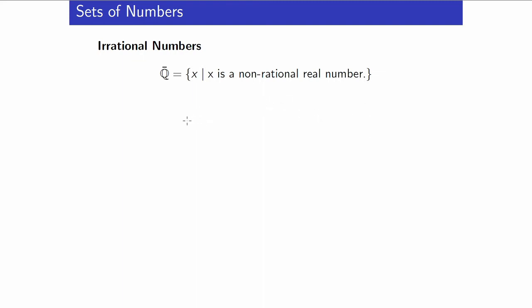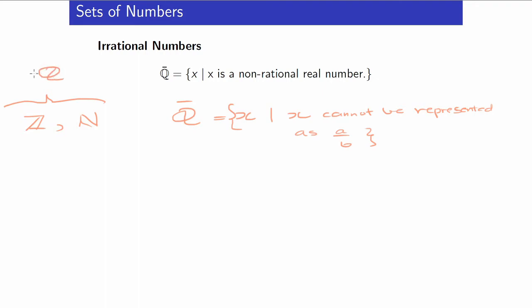Which means x such that x cannot be represented as A over B. We've seen that all numbers that we've explored so far can be written as a rational number. So an irrational number is something that can't be written as A over B.